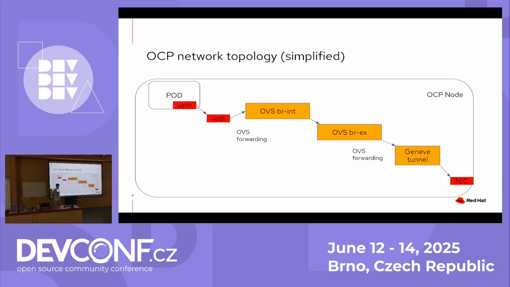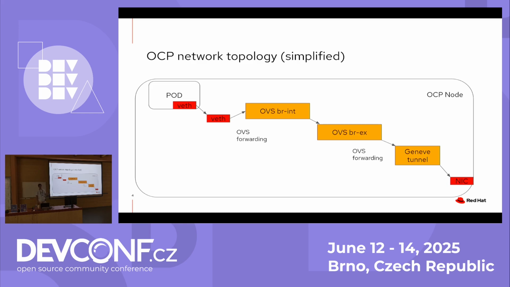Let's dive a little bit into the OCP OpenShift virtual network topology. There is our application running in a pod in a child network namespace. It's connected to the main network namespace with a veth virtual device pair. The virtual device in the main namespace is inserted in an OVS bridge.